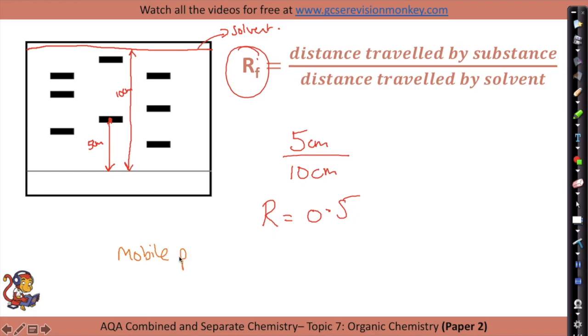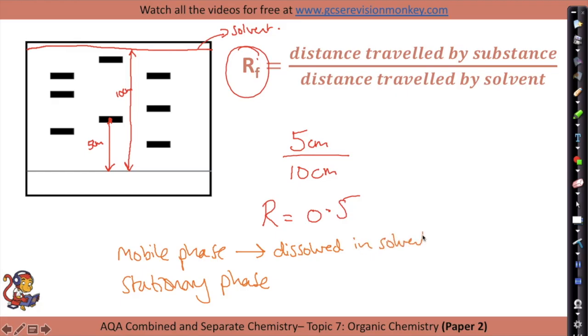With chromatography there are two different phases. There are the mobile phase and the stationary phase. Within the mobile phase, that's when the substance has dissolved in the solvent and is moving up the paper. And in the stationary phase, that is when it's interacting with the paper.